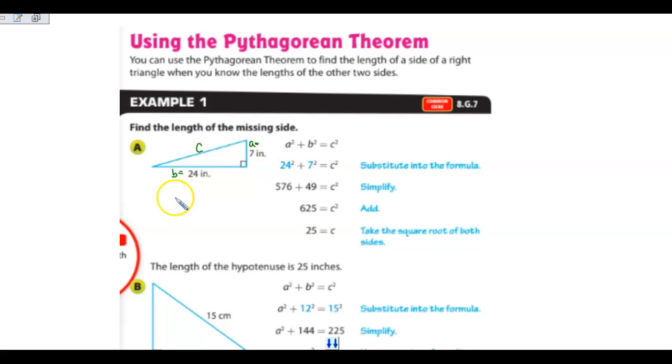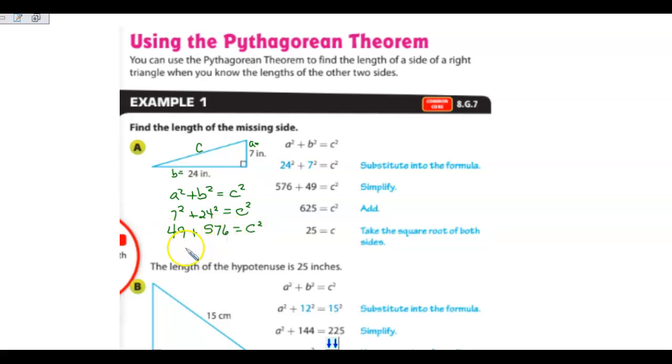So if we take A squared plus B squared equals C squared, A squared is 7 squared, B squared is 24 squared, and we want to know what C squared will be. So 7 times 7 is 49, and 24 squared is 576.